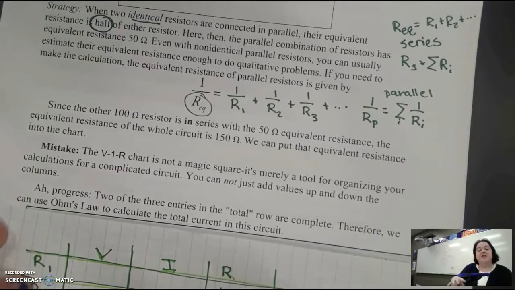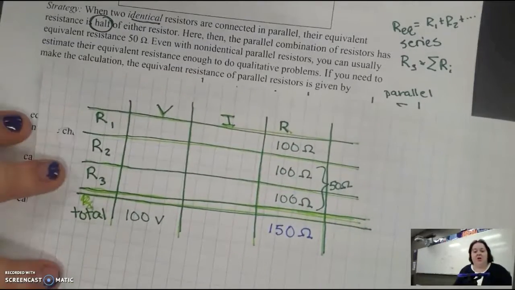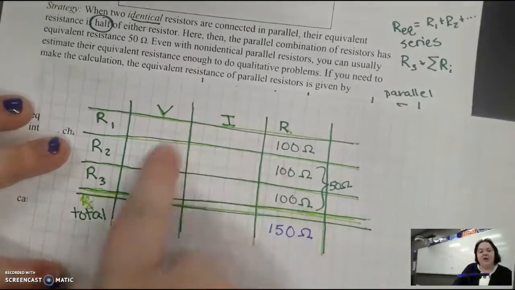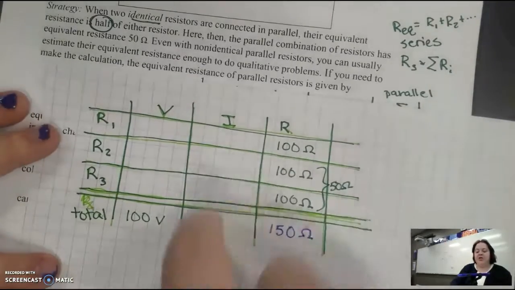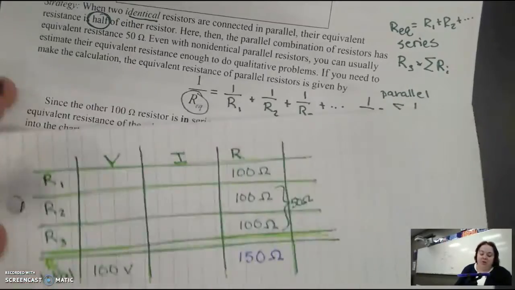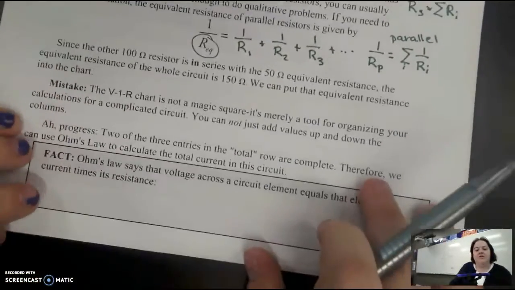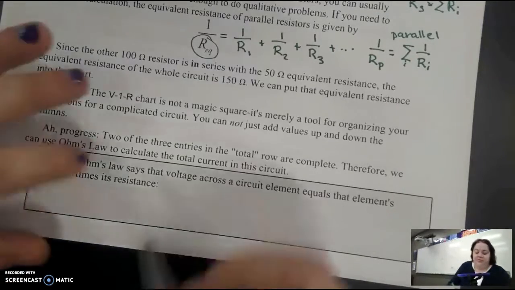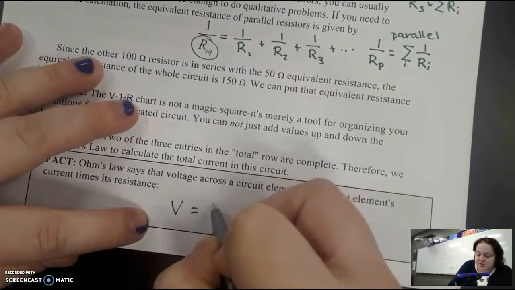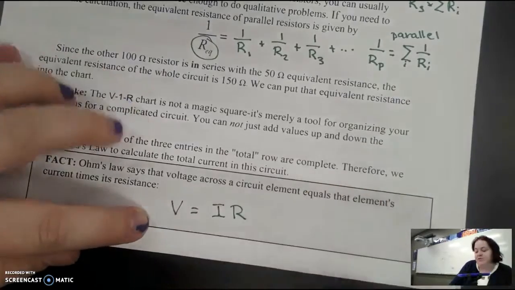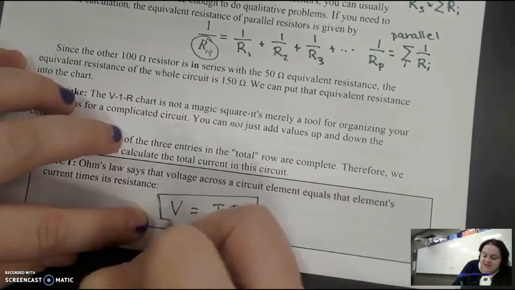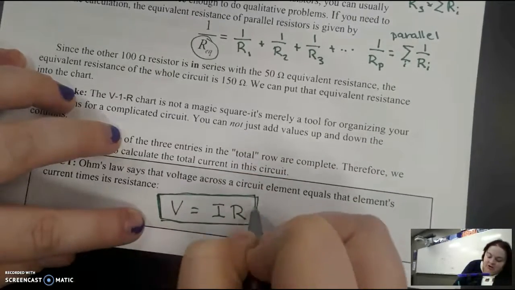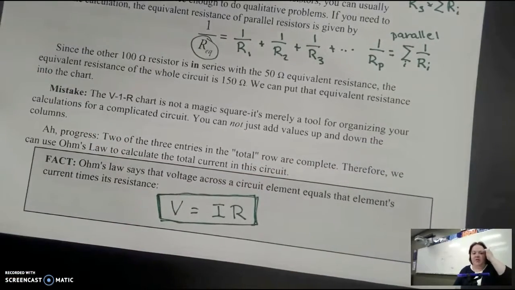So what you're looking for in the VIR chart, though, is anytime you have two of the three in a row, you can find the last one by Ohm's law. Ohm's law is the equation voltage equals current times resistance. This is maybe the most important equation in all of electricity, V equals IR.